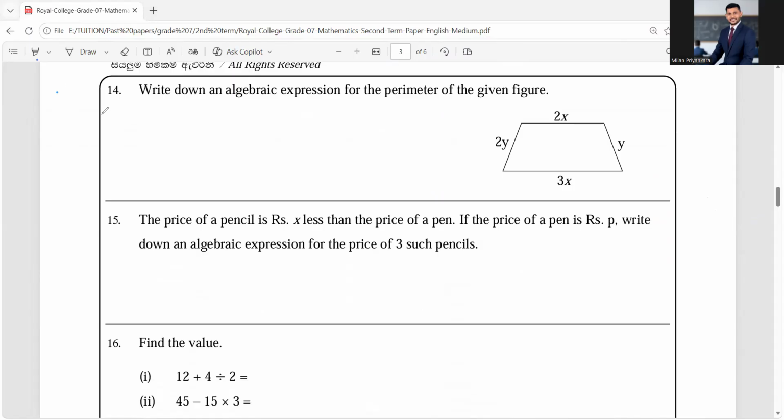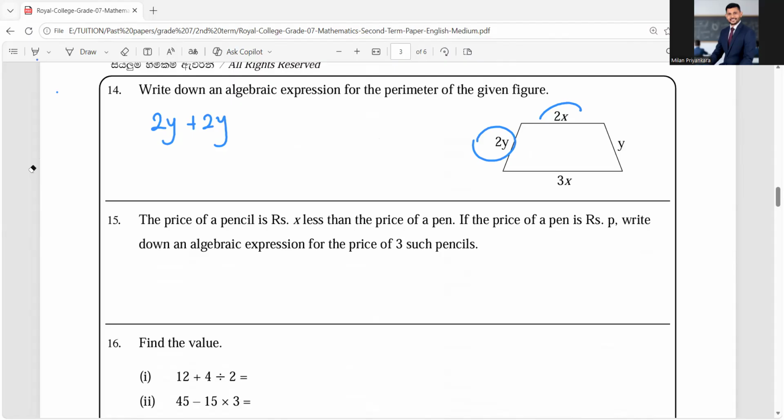Fine. Let's go with the 14th. Write down an algebraic expression for the perimeter of the given figure. So very simple. What is perimeter? Perimeter means the total length of the boundary of the plane figure, right? I started here with this 2y, and then, sorry, there's no other 2y, it's 2x, fine.